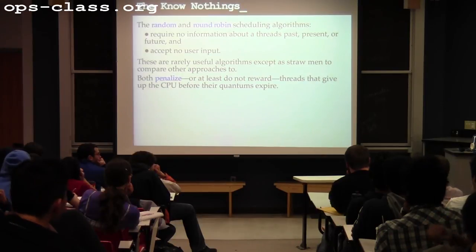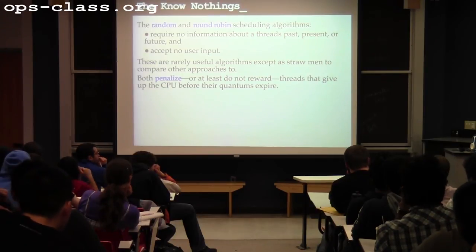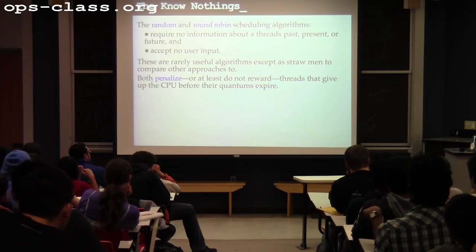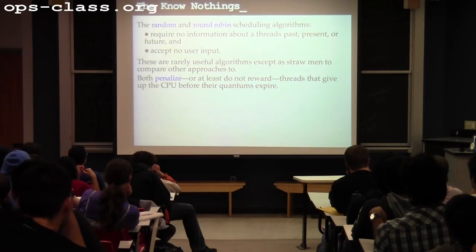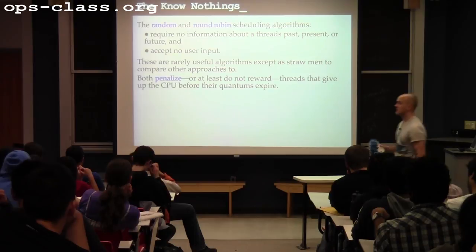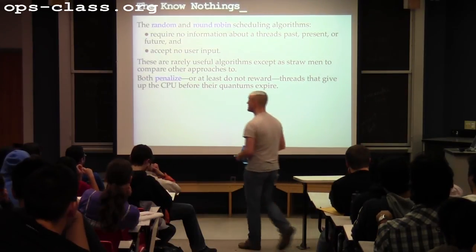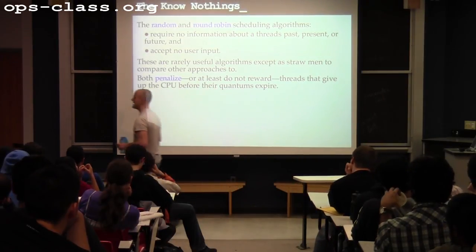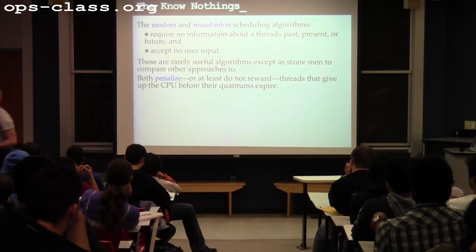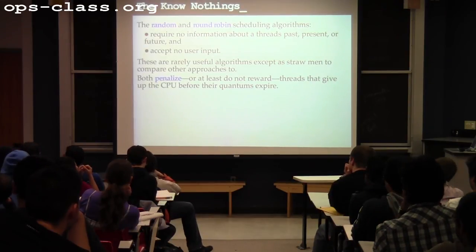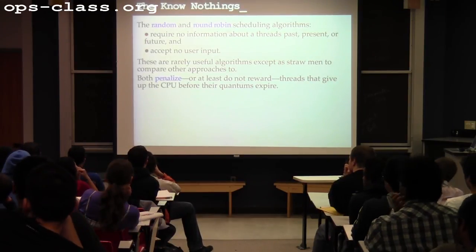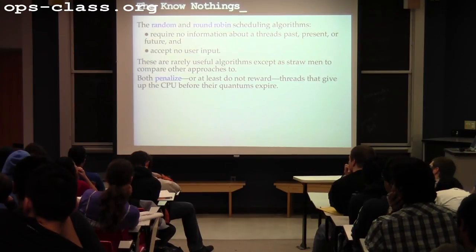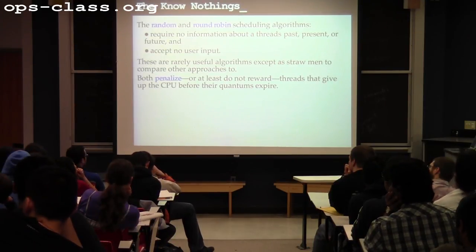And this is an interesting thing to note. One thing you will hear about on Wednesday is that I might want to reward threads, or at least handle threads differently, or at least notice when a thread blocks before its quantum expires. Why is that?